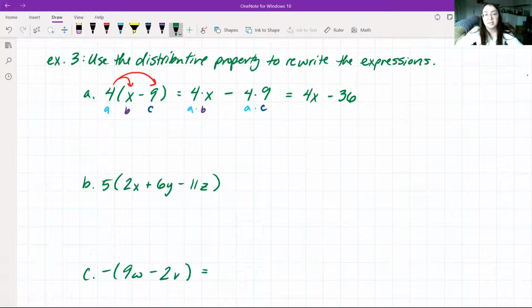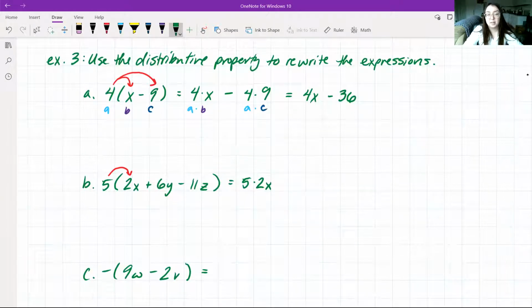So on to our next problem. For part B, we have 5 times (2x plus 6y minus 11z). So now we have 3 separate terms, and we're going to do the same thing. As our first term, we take our 5 and multiply it by 2x, so our first term is 5 times 2x.